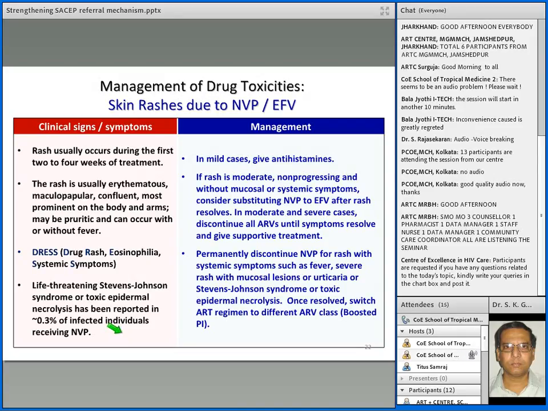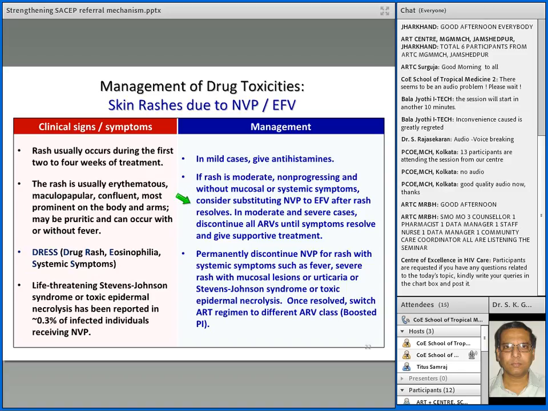Now how do we manage such cases? In mild cases, the only thing that we do is give antihistamines, and if it is a pruritic lesion, give some topical astringent and antipruritic combination. If the rash is moderate, non-progressing and without any mucosal or systemic symptoms, consider substituting nevirapine with efavirenz after the rash resolves.